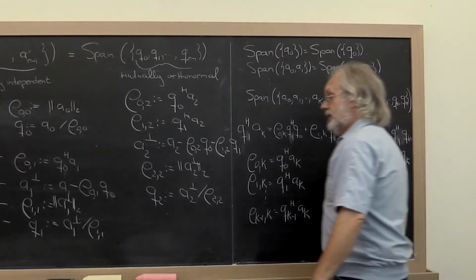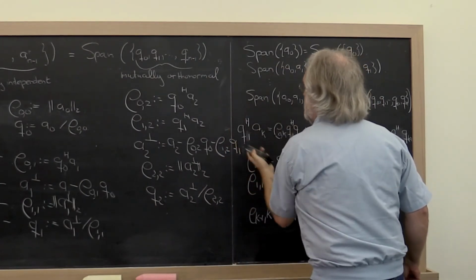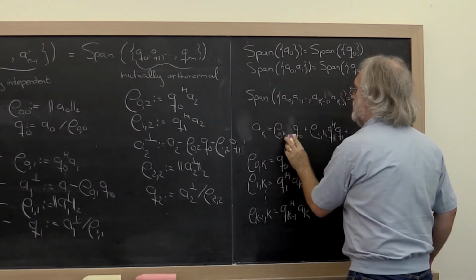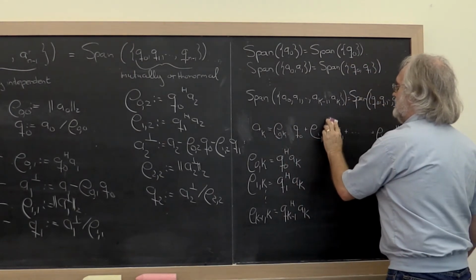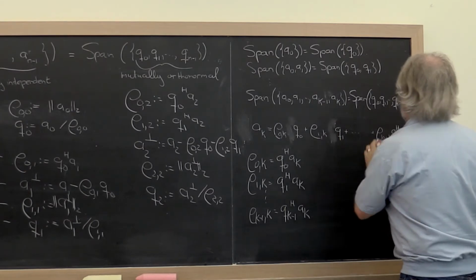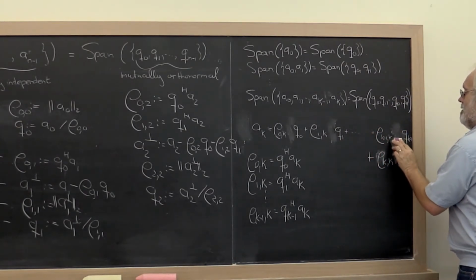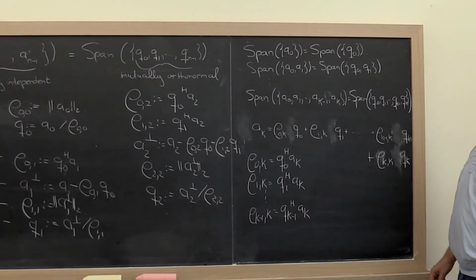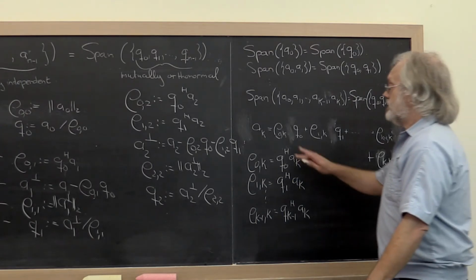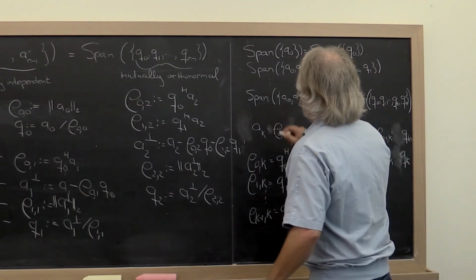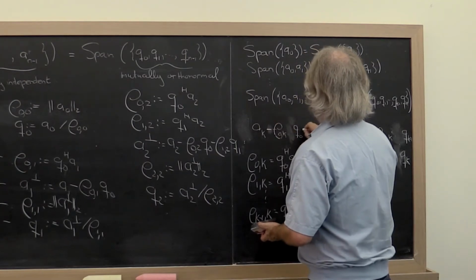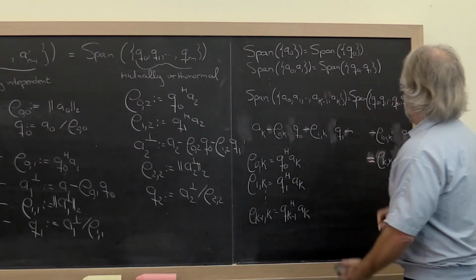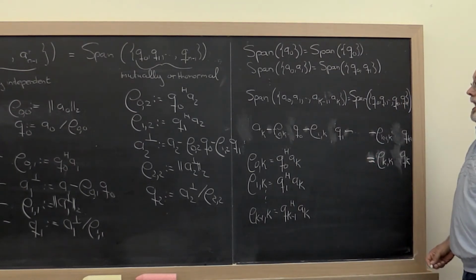Right? Now, let's go back to how ak was given as a linear combination of the vectors q0 through qk. So we're back here. And we can then say, oh, but what we can do is subtract out from both sides these terms and leave that one on the right hand side. And what do we get here?